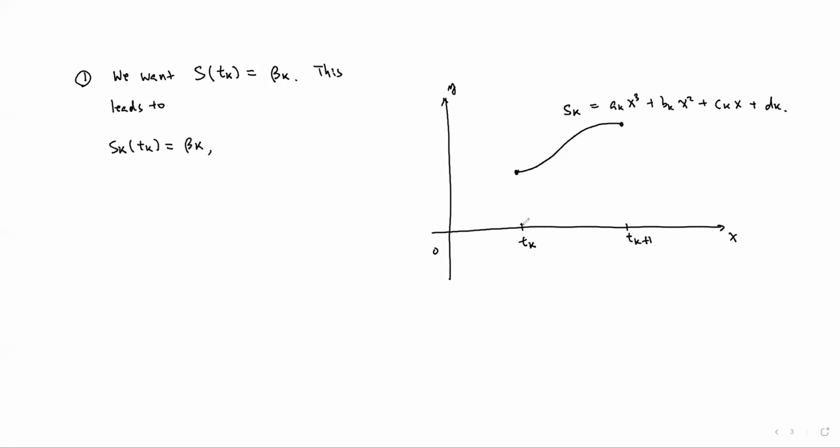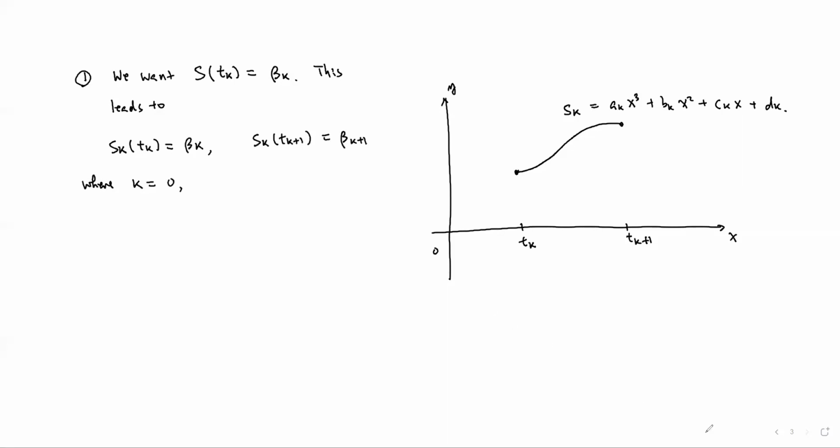At t_k, the value is beta_k. And S_k at t_(k+1) should be beta_(k+1), where k is from 0.